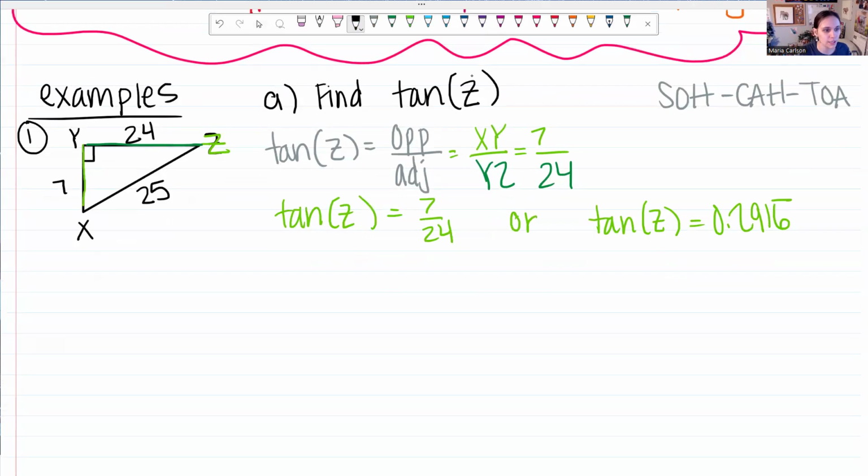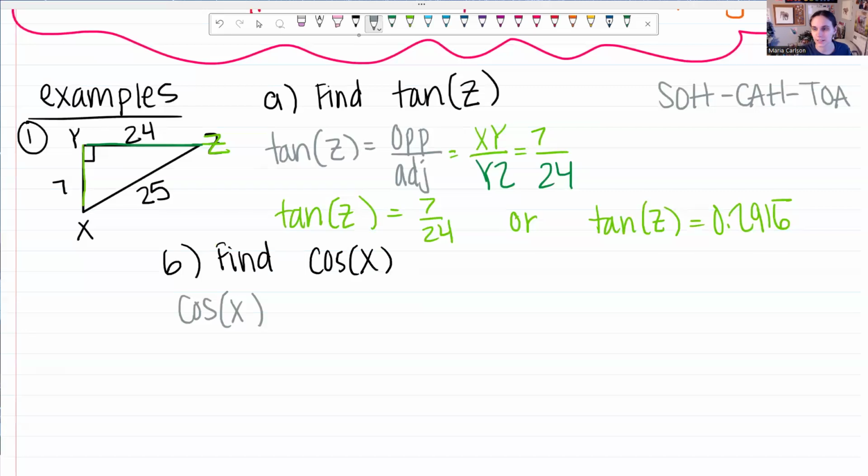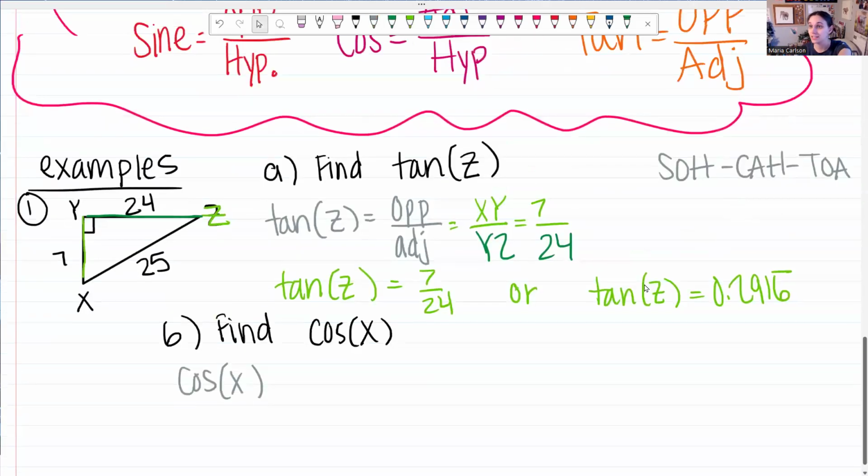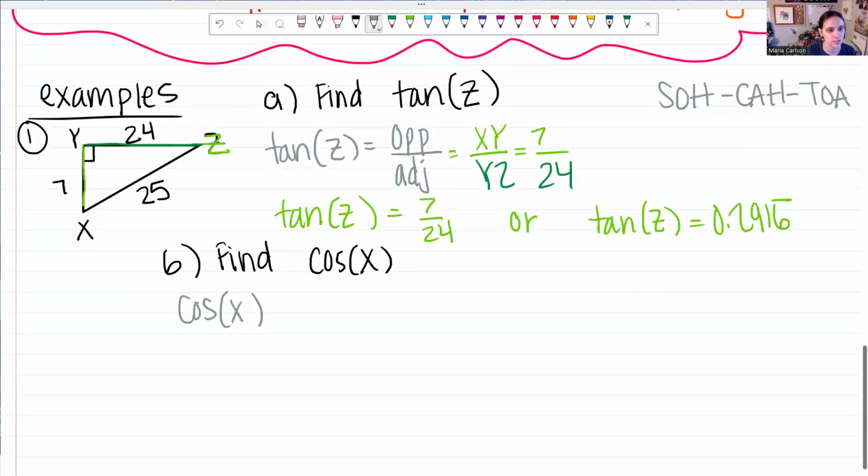All right, part B for this problem, we're going to find cosine of x. Thinking about the acronym up here, cosine is adjacent over hypotenuse.